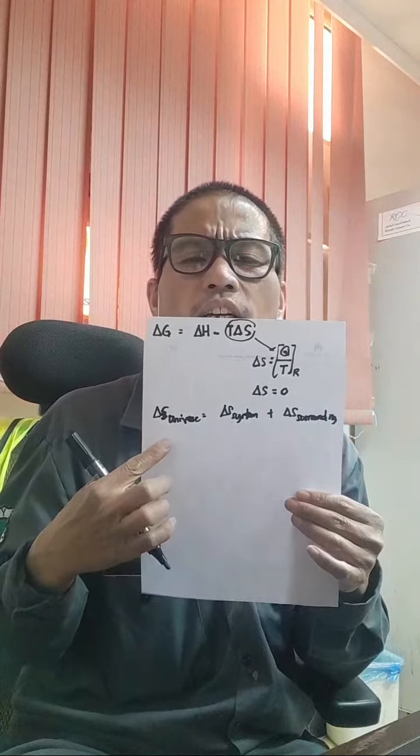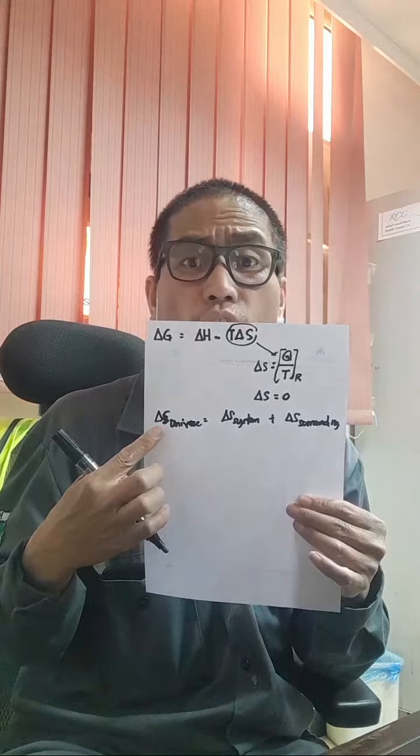This one. So meaning to say, the entropy of the universe is always increasing. Okay, like that. It is the randomness and disorderedness of the universe, equal to the entropy of the system plus the entropy of the surrounding.